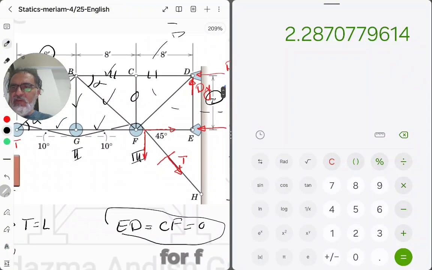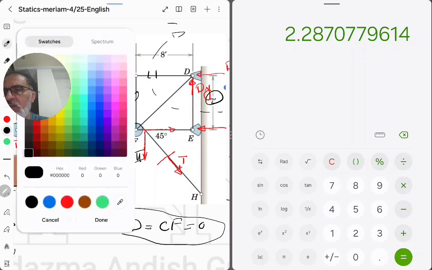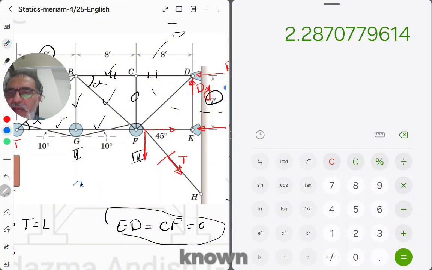For F, I draw the free body diagram here, and then I move it to another position. First of all, I mention known forces.